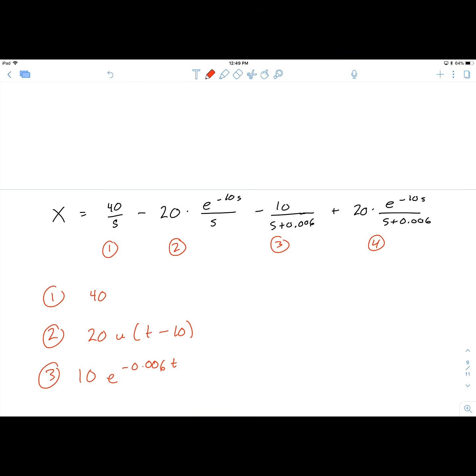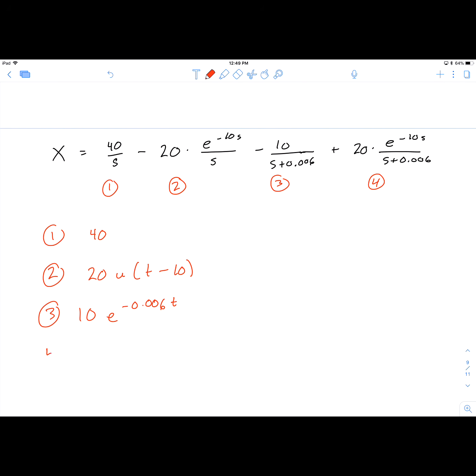Then for the last one, number 4, this one will take a little bit more work. You've got the basic form of the exponential one, except that you have the addition of this e to the negative 10s.